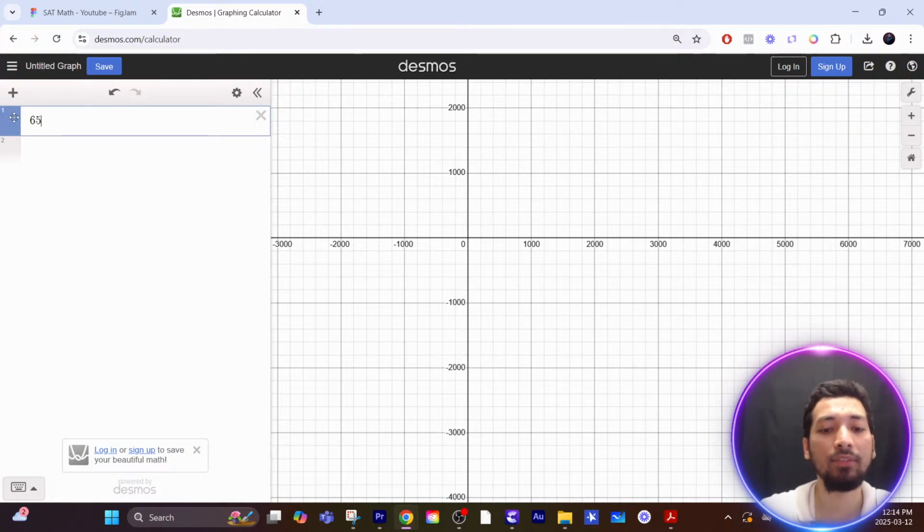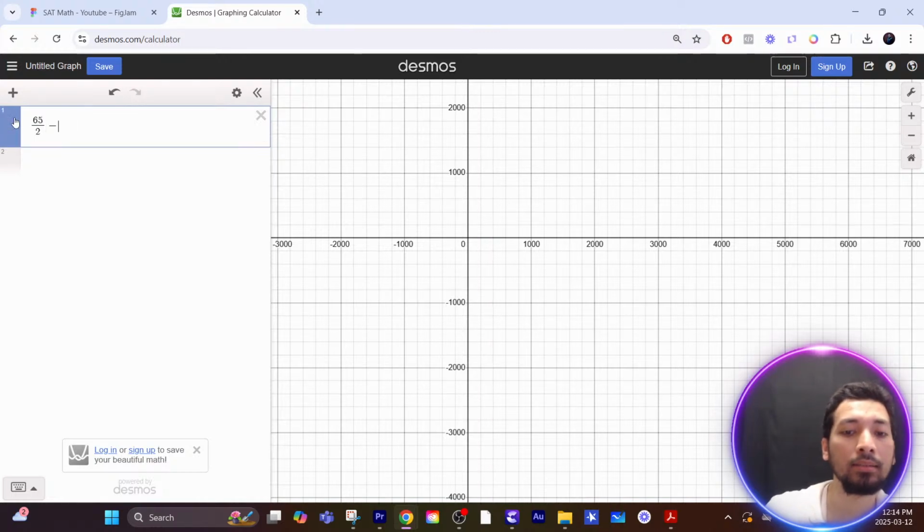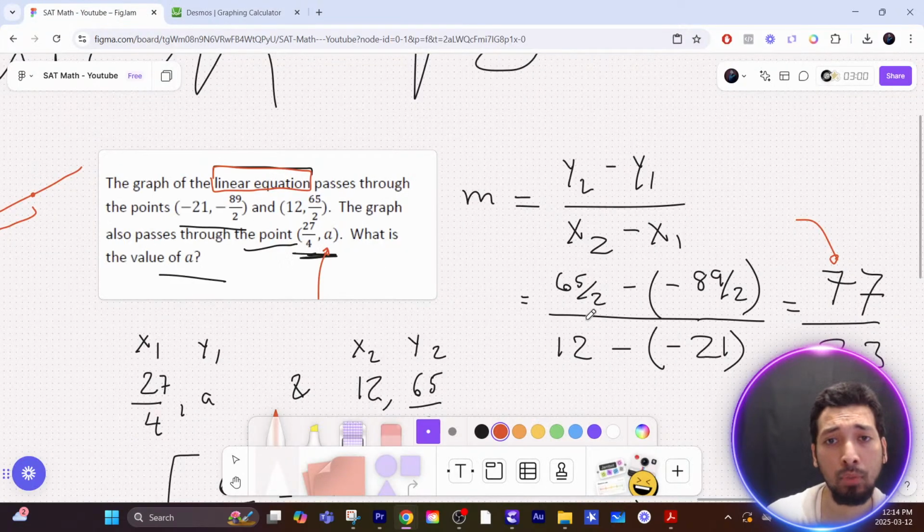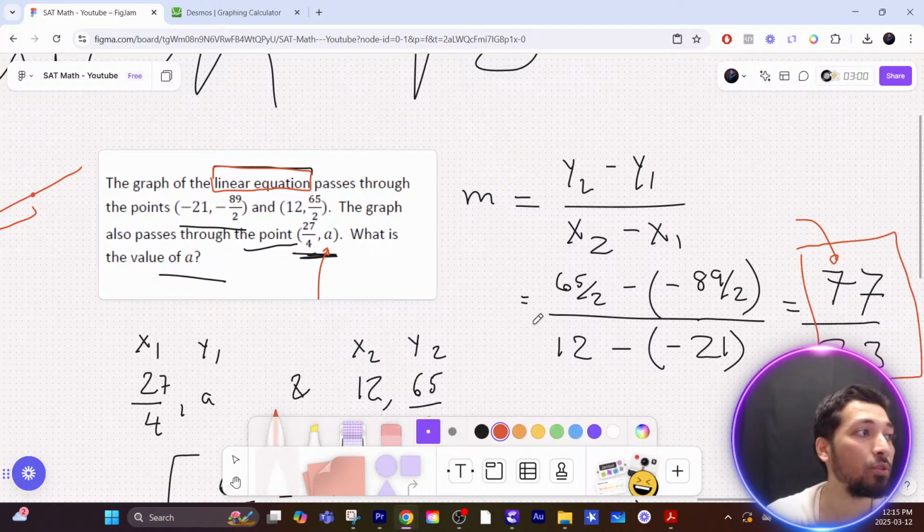We have 65 over 2 minus negative 89 over 2. So we have 77. And in the denominator, we have 12 minus negative 21. That gives us 33. So the slope is 77 over 33.